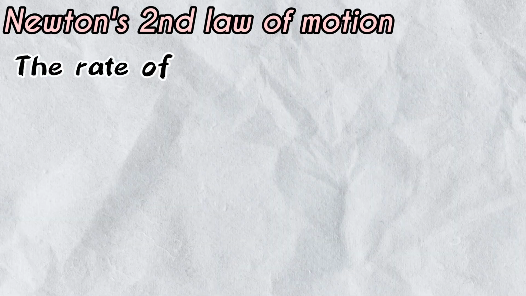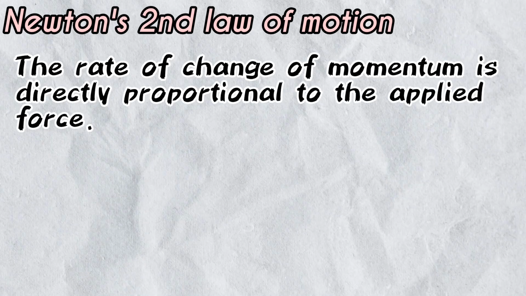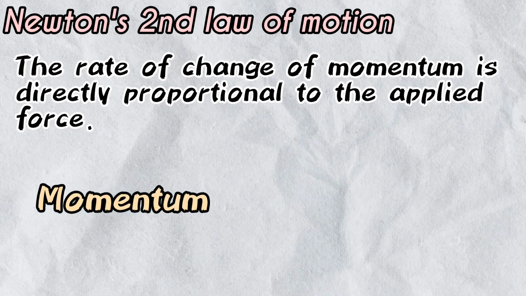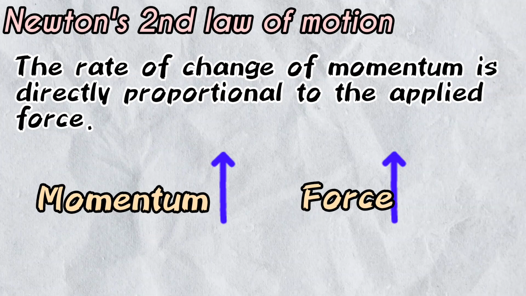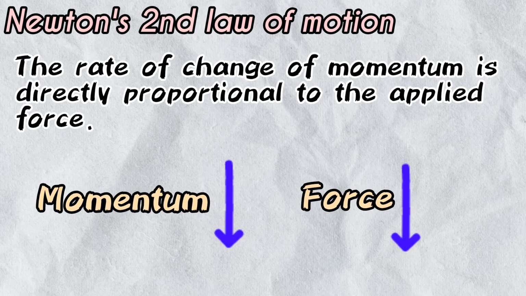Now going back to Newton's second law of motion. The rate of change of momentum is directly proportional to the applied force. This simply means when the momentum applied on a body increases, the force applied on the same body also increases. Or when the momentum decreases, the force also decreases.